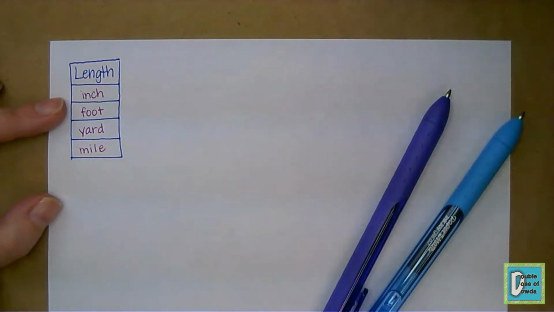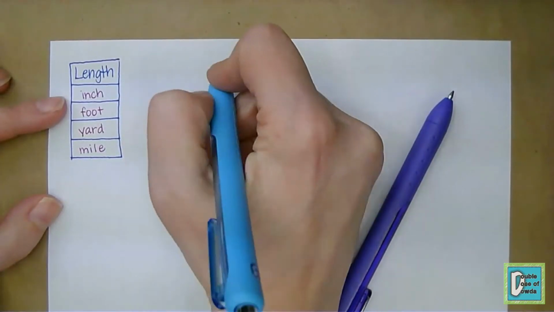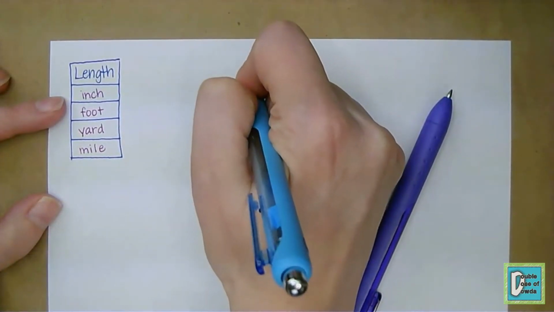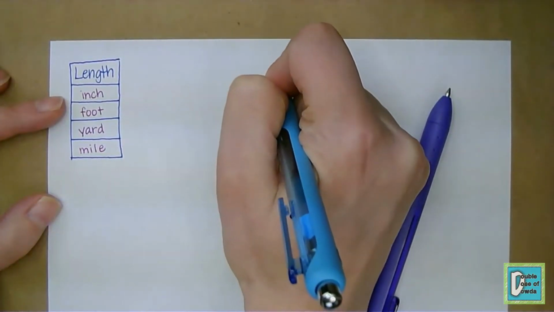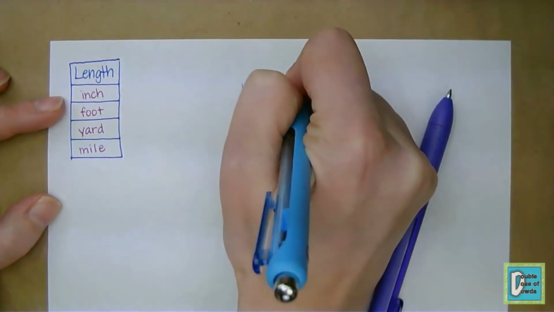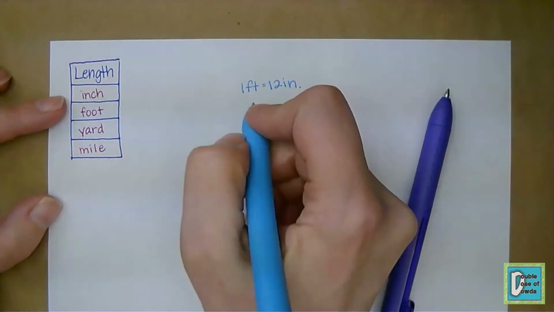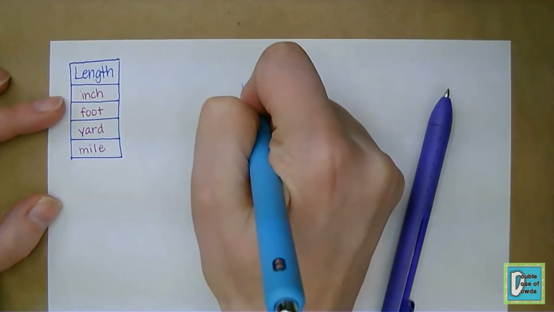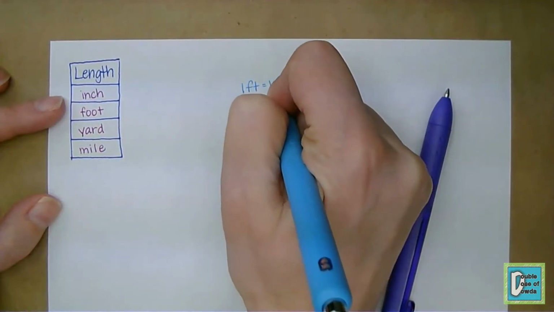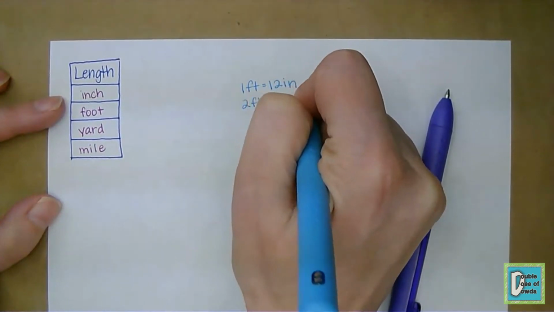Next, I give students rulers and have them focus on just one of these given units at a time. Students typically can already tell you that there are 12 inches in 1 foot. And you give them a chance to put rulers together and they can tell you that in 2 feet are 24 inches.